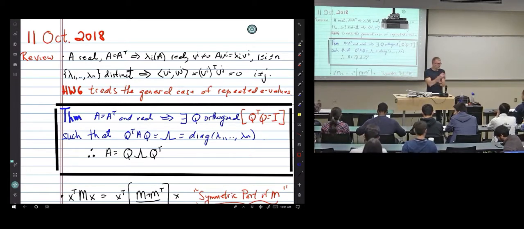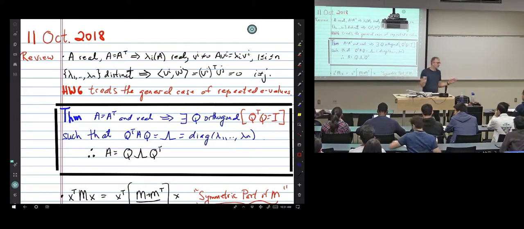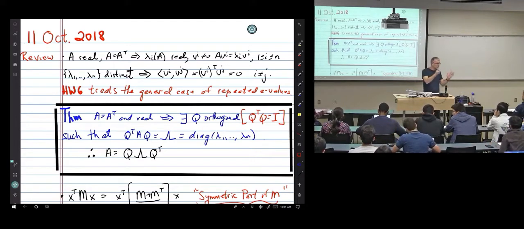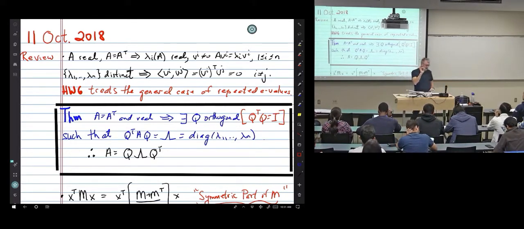There's no gray zone. Engineers, we're always in the gray zone, okay? We want to be able to quantify how independent they are, how close to being a singular matrix it is, things like that. So these real symmetric matrices are our first entry point into understanding some of the numerics of the calculations that we end up having to do as roboticists, as control engineers, etc.